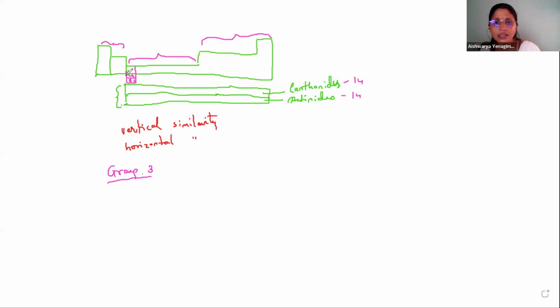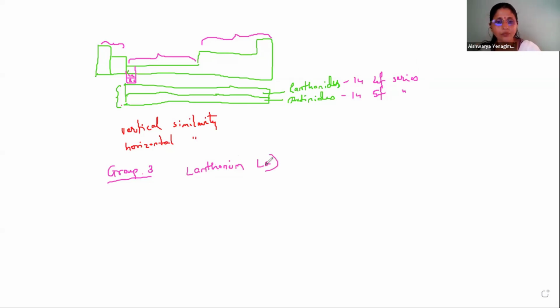Lanthanides, we call it the 4F series, and actinides I call the 5F series. Why? Because in lanthanides, the last electron enters into the 4F orbital, whereas in actinides, the last electron enters into the 5F orbitals. The name lanthanides comes from lanthanum.